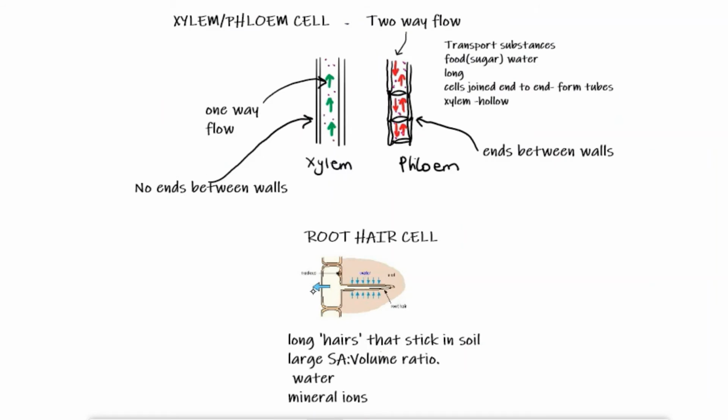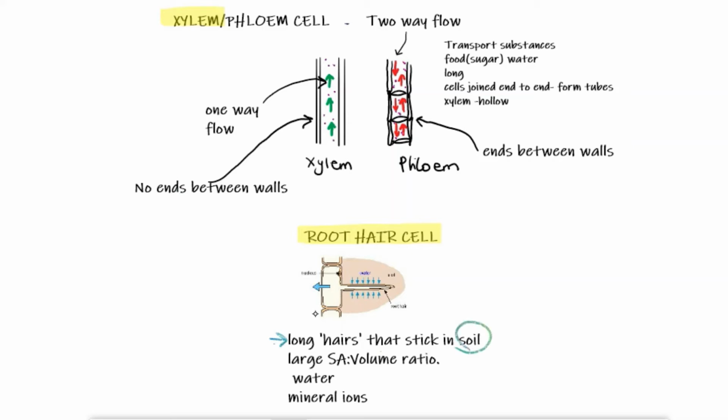Now the other 3 specialised cells: the root hair cell, the xylem cell, and the phloem cell. The function of the root hair cell is to absorb water and minerals. Root hair cells are cells on the surface of plant roots. They grow into long hairs which stick out into the soil.